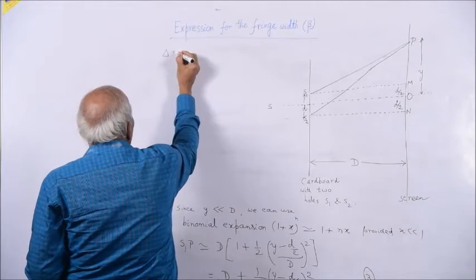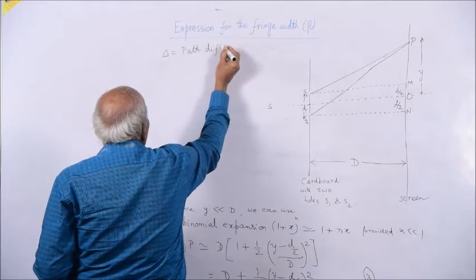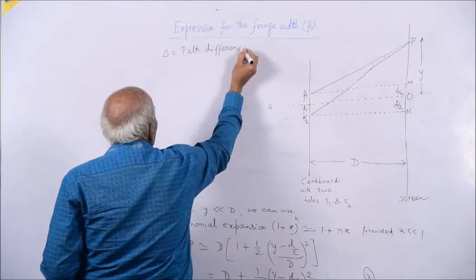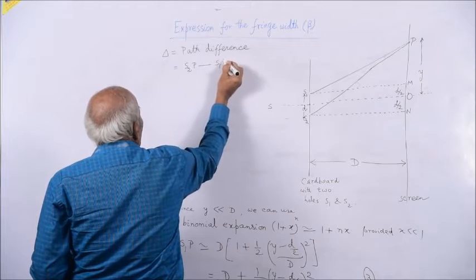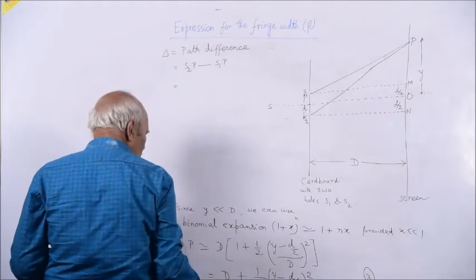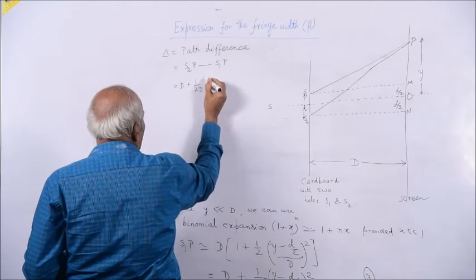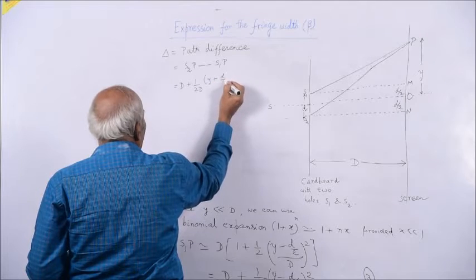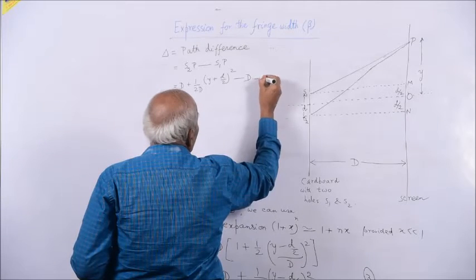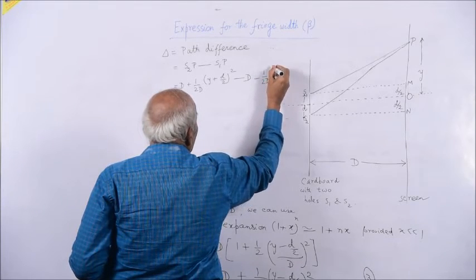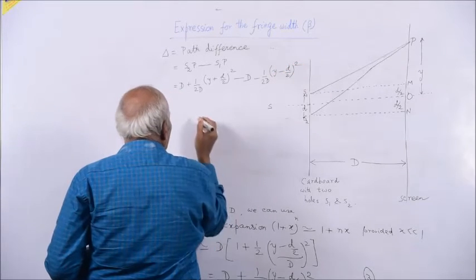So, delta is equal to S2P minus S1P, which is D plus 1 by 2D (y plus d by 2) whole square minus D minus 1 by 2D (y minus d by 2) whole square.